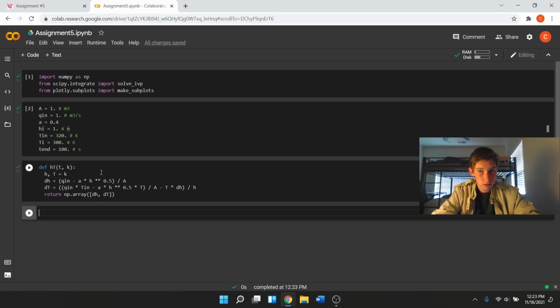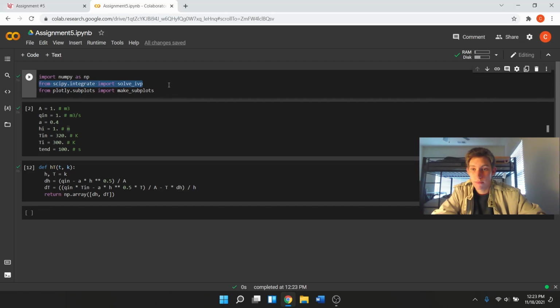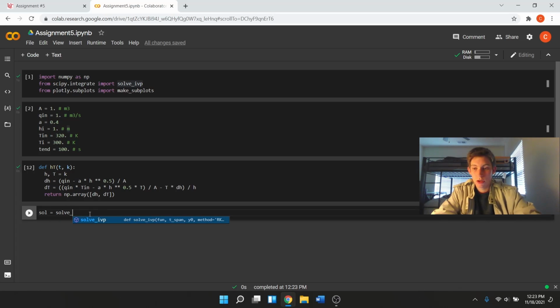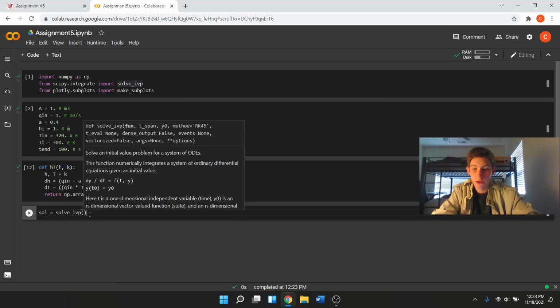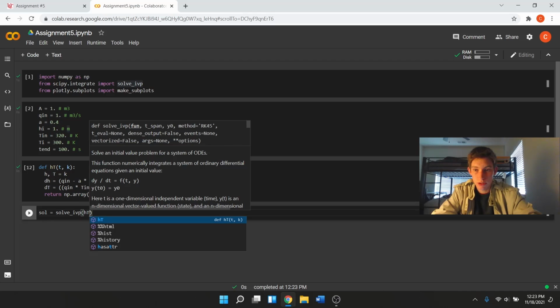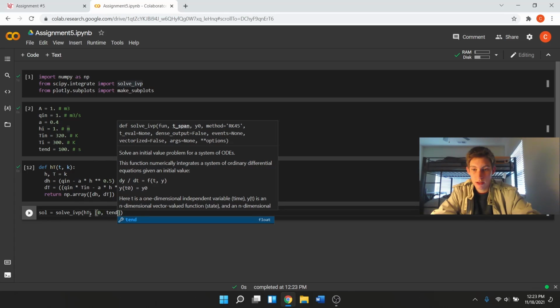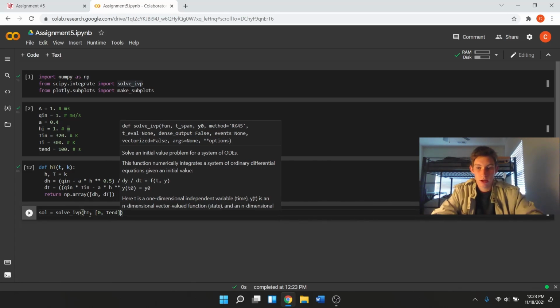So now we can use this here. This is the initial value solver. So I'll make the variable just called SOL for solution, and then we'll start. First we need to say what function we're using. It's called HT. The time span is going to be from 0 to t end. Our end time is 100 seconds.